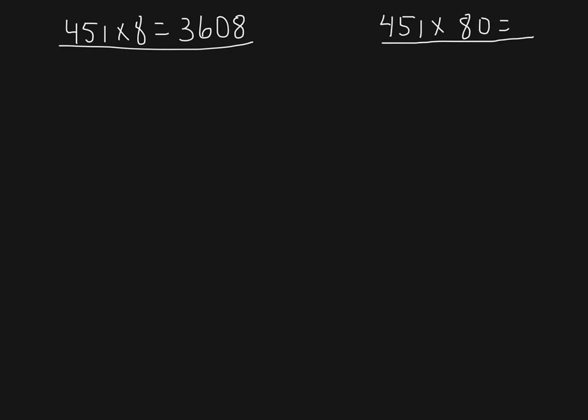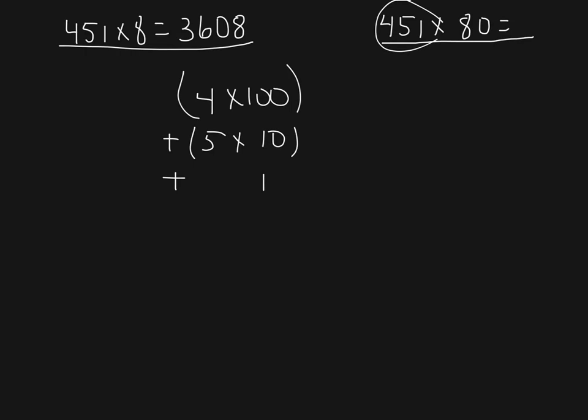I'm going to decompose 451 once again, and as you recall, that was 4 times 100 plus 5 times 10 plus 1. Okay, so we've taken this number and we have decomposed it, and then we're going to multiply each of those times 80, which is 8 times 10.